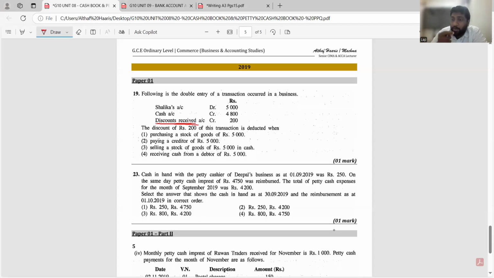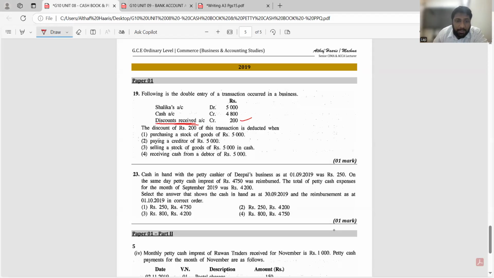When we make the cash payment only, we get cash discounts, because in accounting we write only cash discounts. So here they have written it, which means by default it is a cash discount. We receive cash discounts when we make the payment to the creditor.